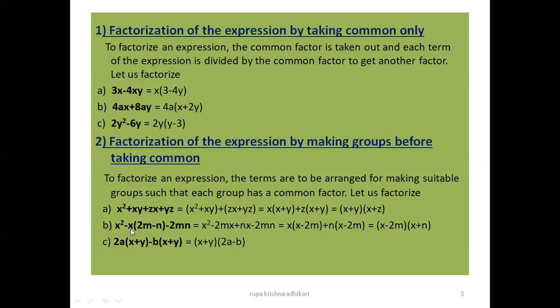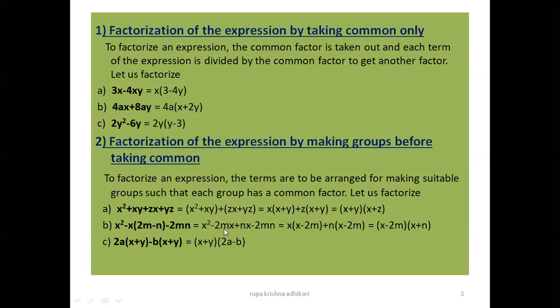Let's move on to the second one. x square minus x into 2m minus n minus 2mn. Here, first what you have to do, open the bracket. It is equal to x square minus 2mx plus nx minus 2mn. Here also you can take x common, and here n you can take as well.